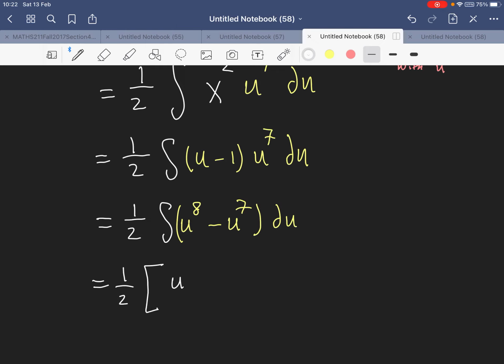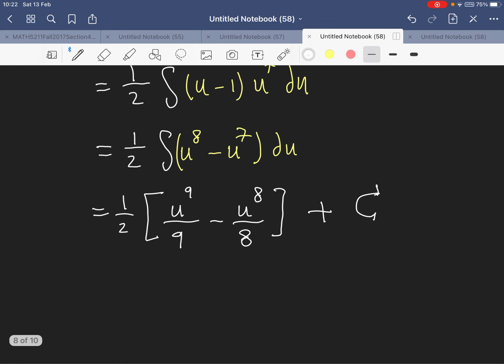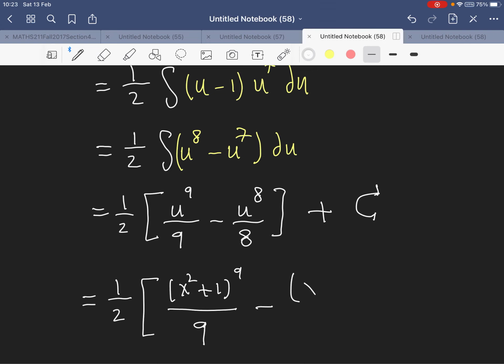This will be u power 9 over 9 minus u power 8 over 8 plus c. And the final step, we return back into x, which is x squared plus 1 to the 9 over 9 minus x squared plus 1 to the 8 over 8.